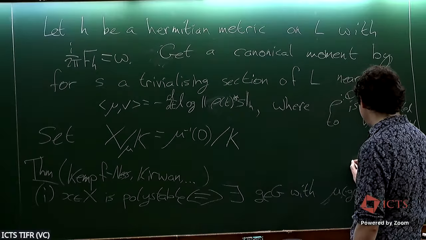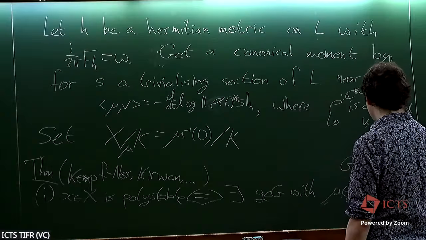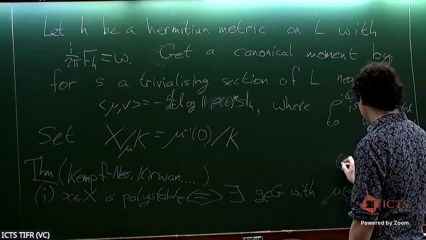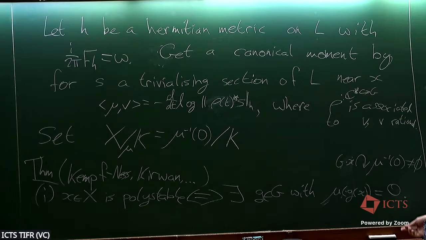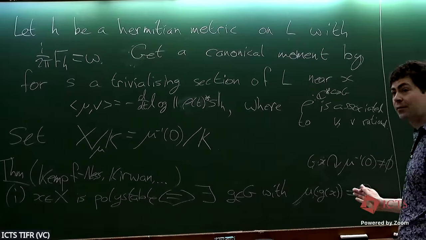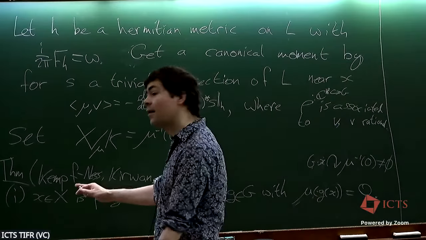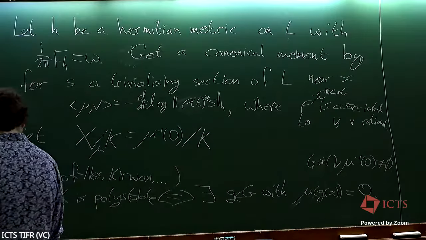So what does this say? This just says that G·X intersect mu inverse of 0 is non-empty. Namely, we can find a solution of this equation, mu of g of x is 0, if and only if the point is polystable. So that should be reminiscent of the Hitchin-Kobayashi correspondence.